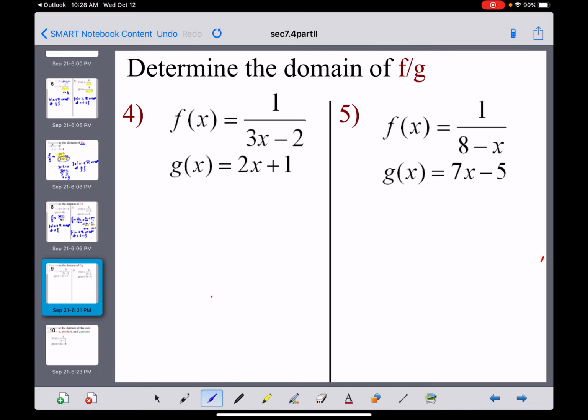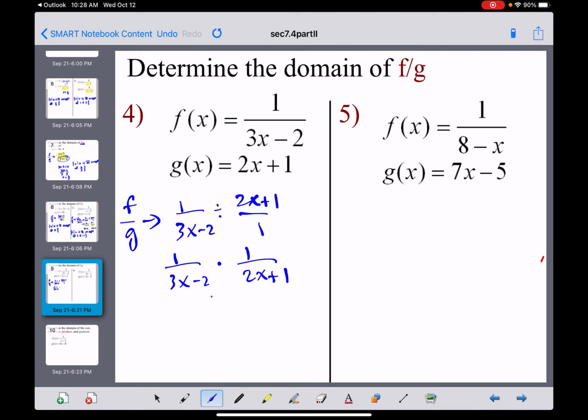Okay, so for this one right here, we're just going to do number 4, we're not doing number 5. It would be f divided by g, which is 1 over 3x minus 2 divided by 1 over 2x plus 1. Put this over 1, and then we have 3x minus 2 times 2x plus 1 over 1.